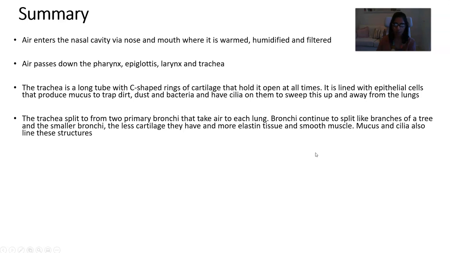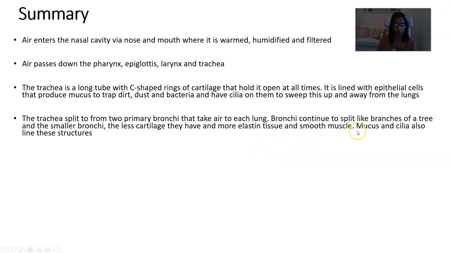The trachea will split into primary bronchi that go to each lung, and they are like branches of a tree. So the branches get smaller and smaller, so you have primary, secondary and tertiary branches of the bronchi. As we get to the smaller branches, there is less cartilage surrounding those tubes, and we have more elastin tissue and smooth muscle.